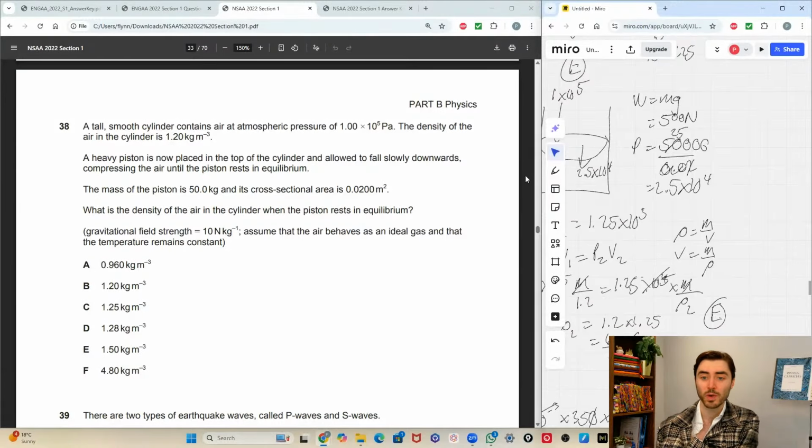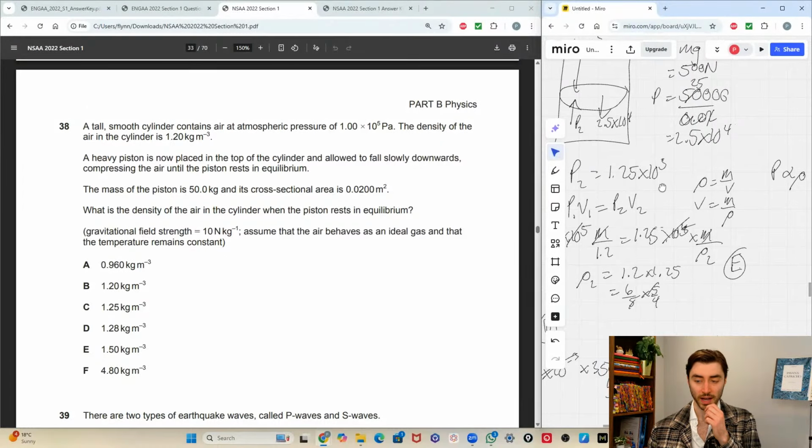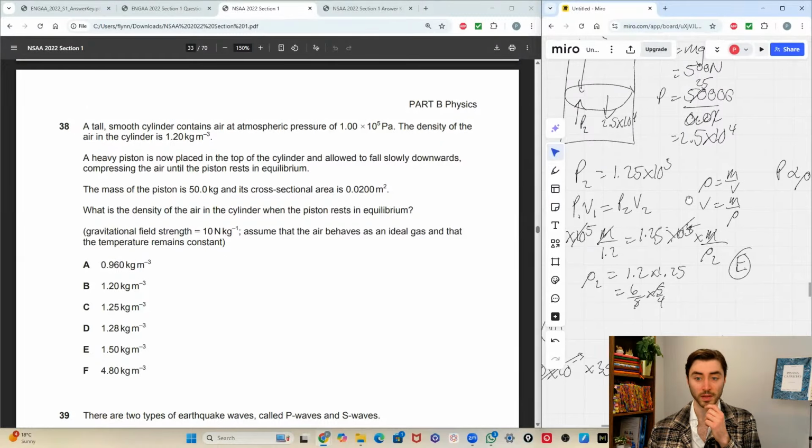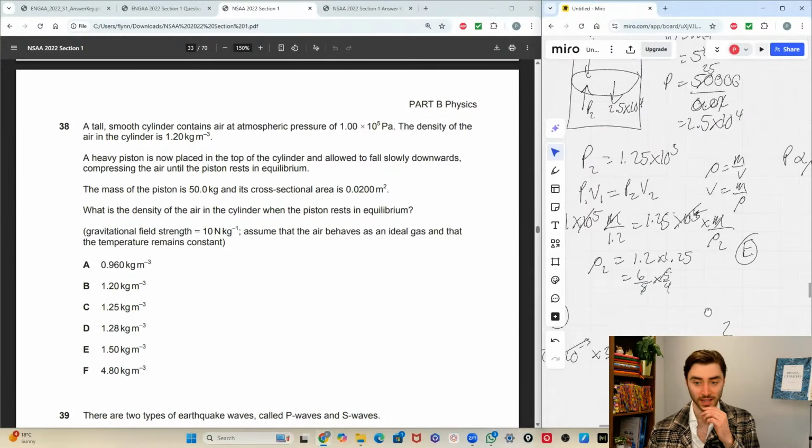There was a faster way if you knew from the kinetic theory that pressure is proportional to density. So if the pressure goes up by 5/4, then the density also goes up by 5/4. So you could have gone straight to 5/4 times the 1.2, would have saved you some seconds, but this was like the more robust way.